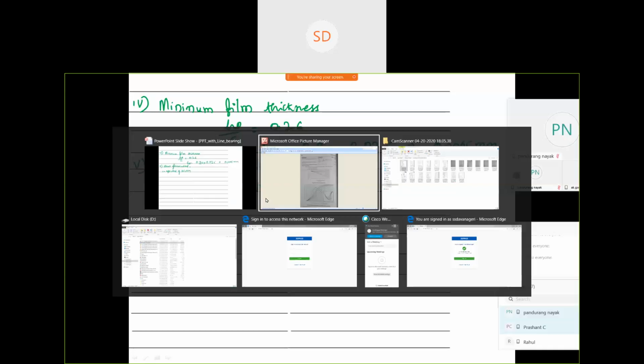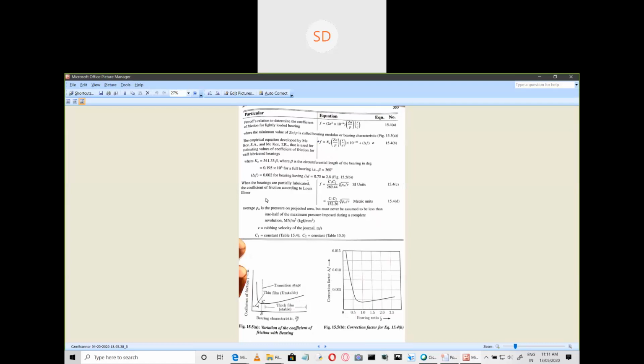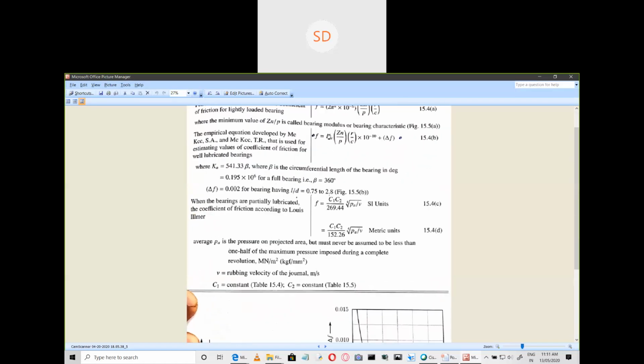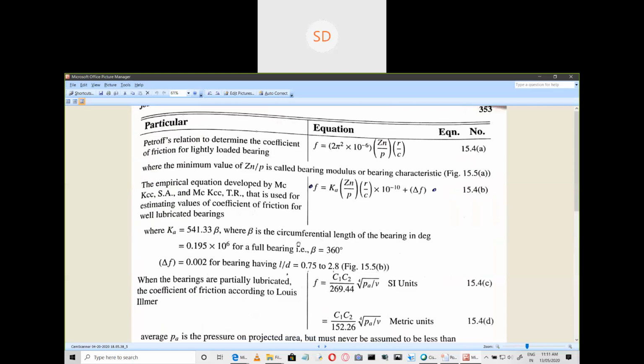So what is the coefficient of friction? Okay, so here, this is equation number 15.4b. Equation number 15.4b is McKee's and Feddersen equation. The Feddersen equation is different. Wait. So let us go for McKee's equation first.